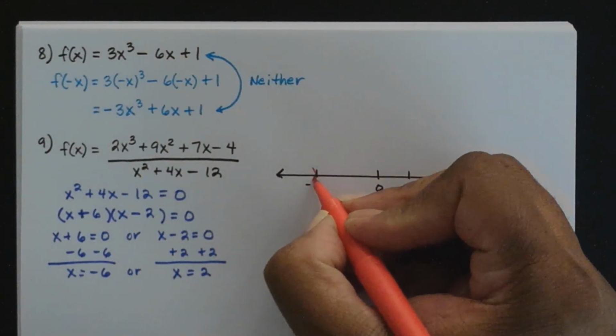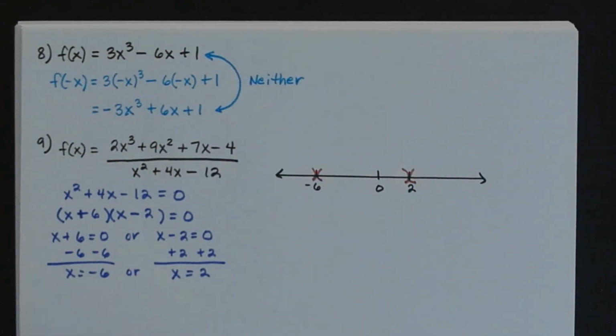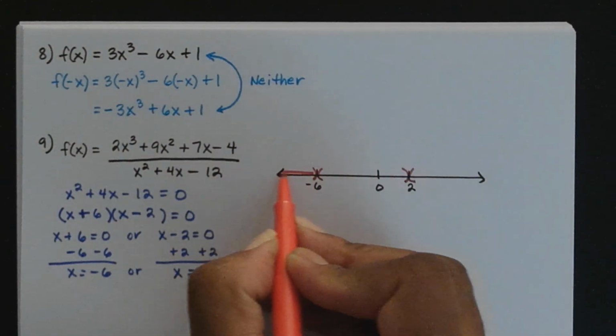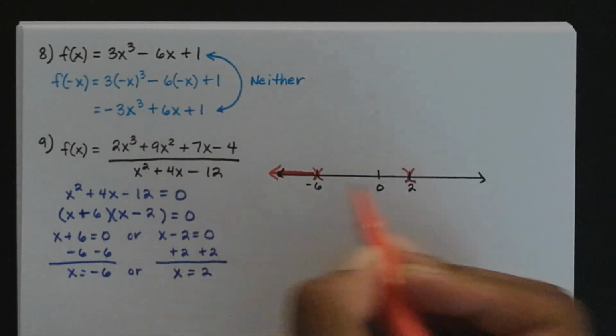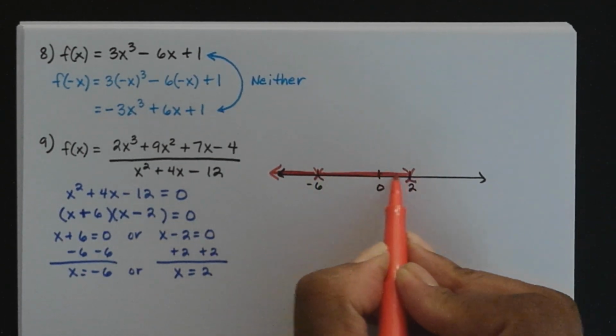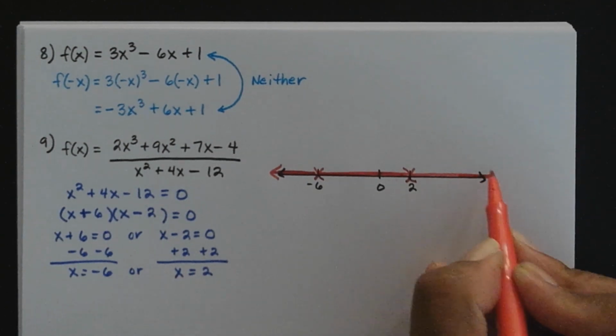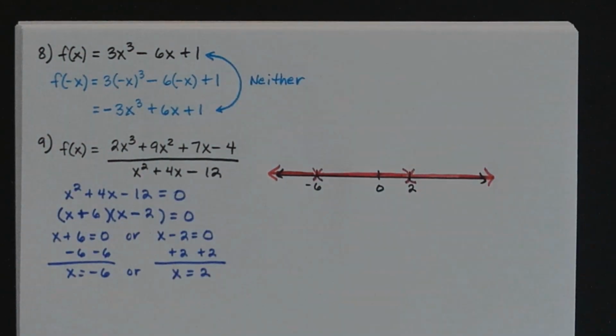So I'll use parentheses around negative 6 and parentheses around the 2. Everything to the left of negative 6 will satisfy that function, so I shade to the left. Everything in between negative 6 and 2 would work, so I shade in between, and anything bigger than 2 would satisfy that function, so I shade to the right.